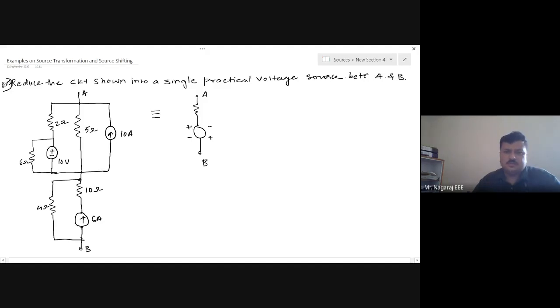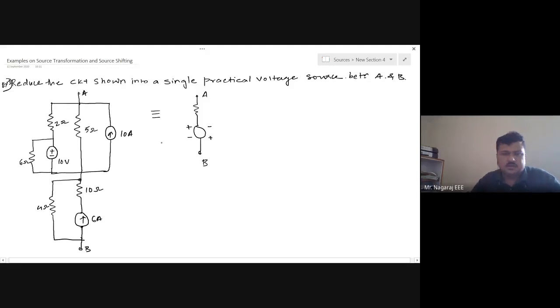Before starting that, we should look into each component and each source which is transferable, or which I can transform into the other sources. And we should always look into the necessity. It is not that every current source has to be transferred to a voltage source, and every voltage source has to be transferred to a current source.